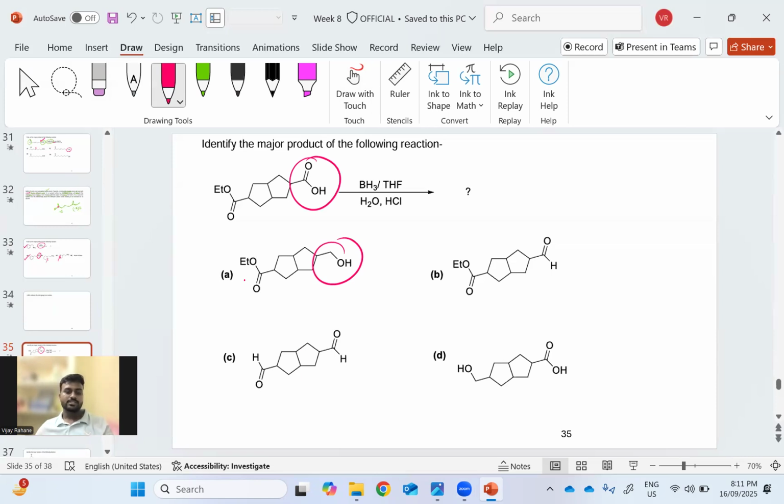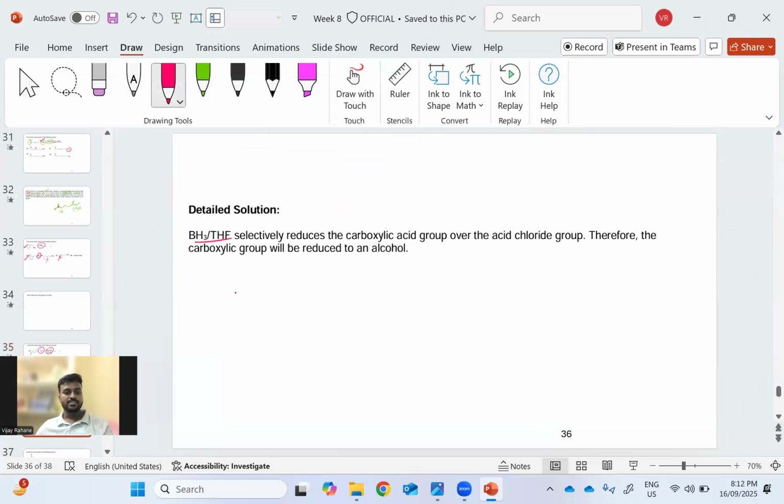This reduction of acid to alcohol takes place in the presence of the BH3THF reagent. The ester group will remain unaffected. So option A is the correct option here. BH3THF selectively reduces the carboxylic acid group over the acyl chloride group or the ester group.